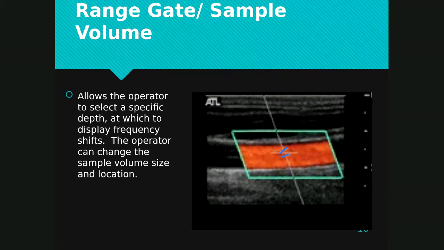We can send in a gate that's large and sample all of the red blood cells that travel through it, or we can be more selective and place it strategically where we want, in the middle of the vessel, along the edges of the vessel, so we can select exactly where we want our red blood cells to be recorded from. And again, this is what it would look like if we're recording our red blood cells within the gate.